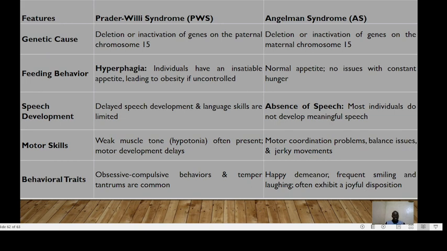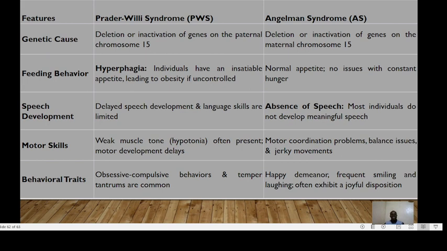For motor skills, Prader-Willi syndrome patients will have weak muscle tone, hypotonia, and often present motor developmental delays, while Angelman syndrome patients are going to present with motor coordination problems, balance issues, and jerky movements. Lastly, for behavioral traits, in Prader-Willi syndrome, obsessive compulsive behavior or temper tantrums are very common, while Angelman syndrome patients have a very happy demeanor, frequent smiling, laughing, and often exhibit a joyful disposition.